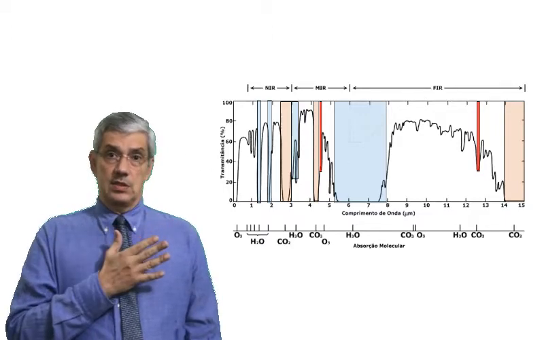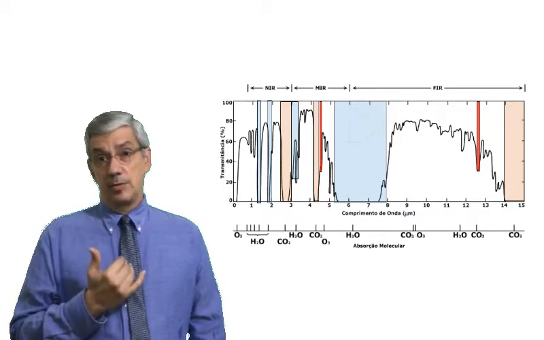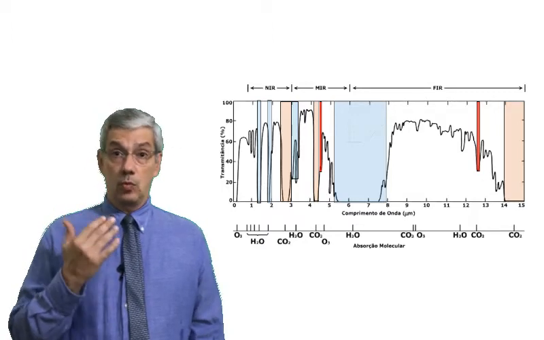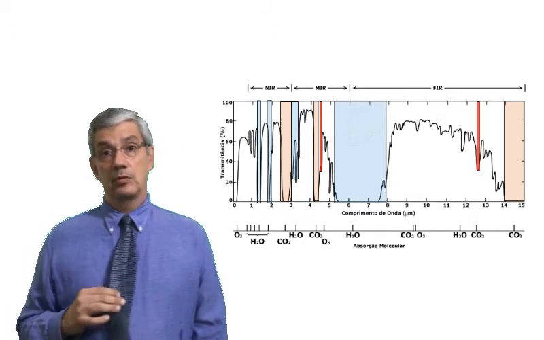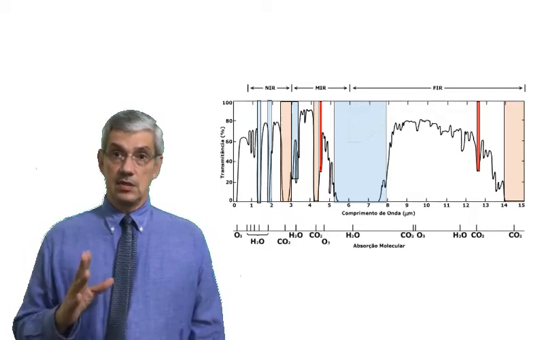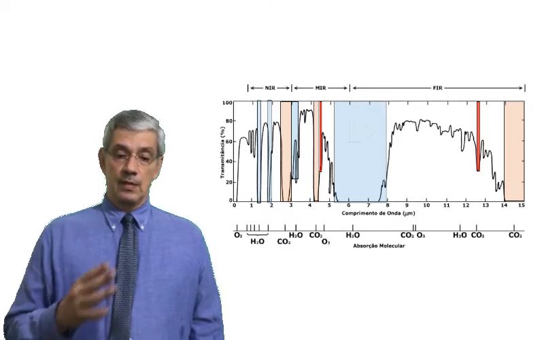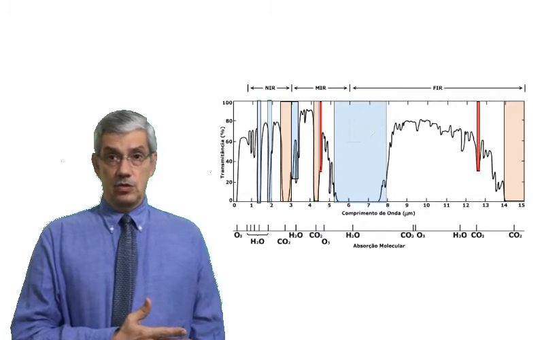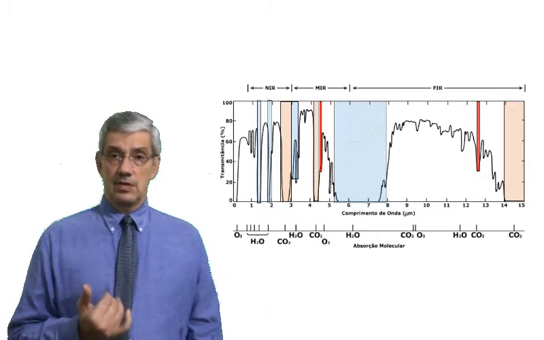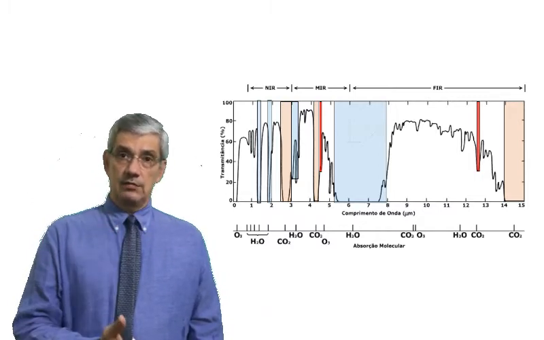The blue ones are absorption due to water. People don't say it, but water is also a greenhouse effect gas. The orange ones are due to carbon dioxide, and so are the red ones.